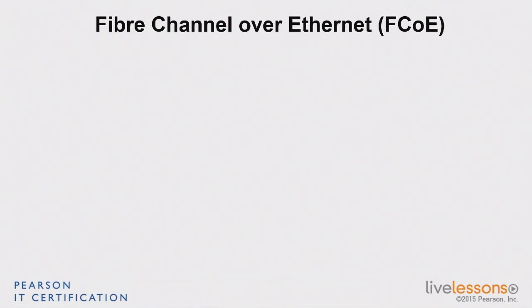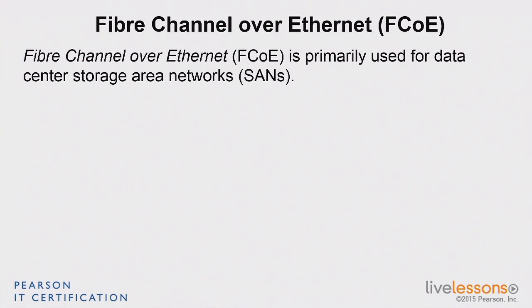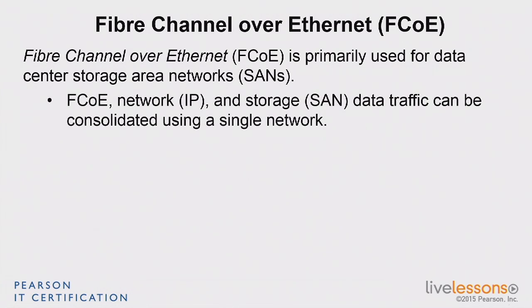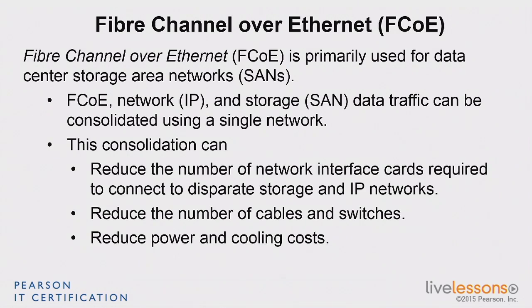And then lastly, we have Fiber Channel over Ethernet, which is FCoE. Fiber Channel over Ethernet is primarily used for data center storage networks, or SANs. With FCoE, network IP traffic and storage SAN data traffic can be consolidated using a single network. We don't have to use multiple channels, we can converge them.